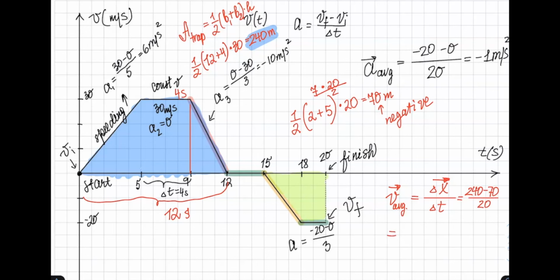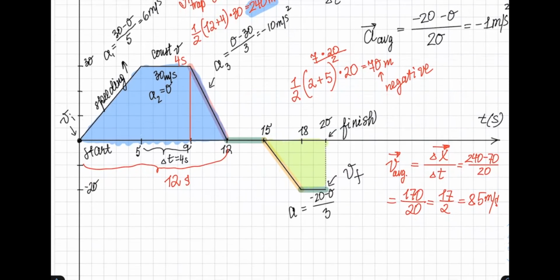So that gives us 170 over 20, so that's like 17 over 2. That is going to be 8.5 meters per second. That is our average velocity, and that is in the positive direction because our overall displacement was in the positive direction. We had 240 in the positive direction, 70 in the negative.